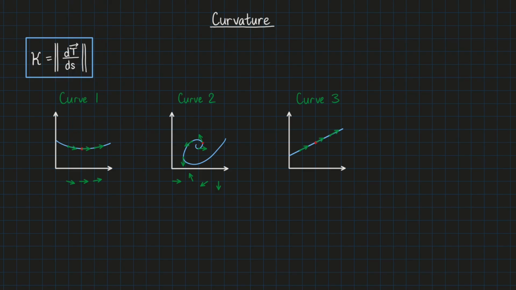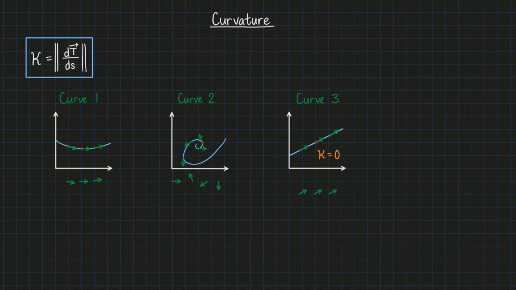So we could say that the curvature at this red point on curve 2 is greater than the curvature at this red point for curve 1. And then curve 3 is actually a line, and the unit tangent vectors don't change at all. So along any point on a line, the curvature equals 0.